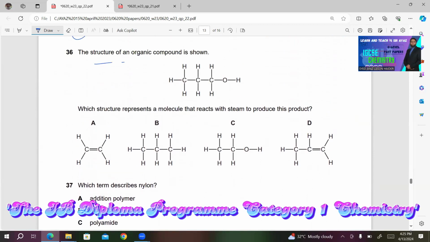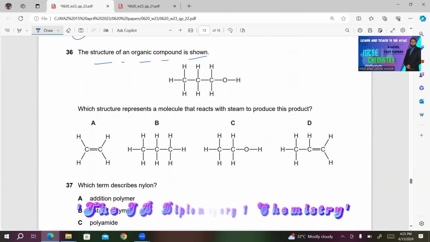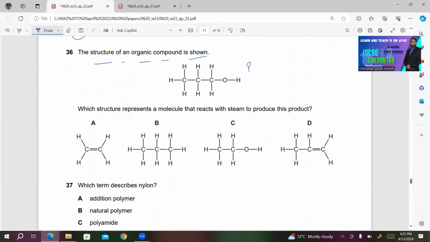The structure of an organic compound is shown. This is propanol. Which structure represents a molecule that reacts with steam to produce this product? So it must be coming from propene.